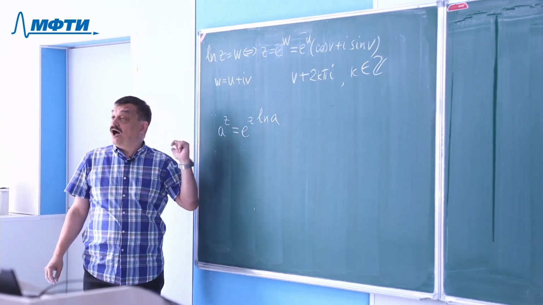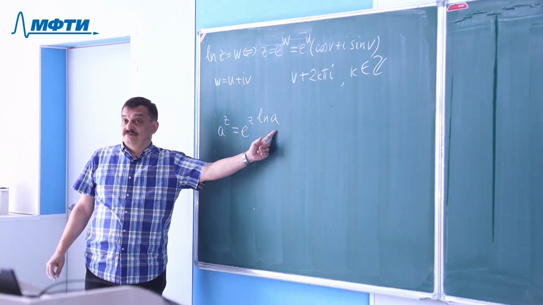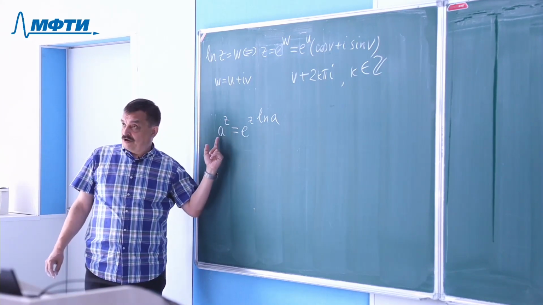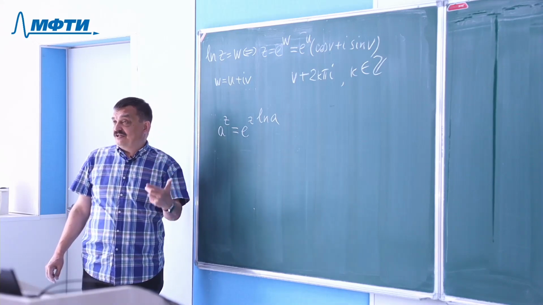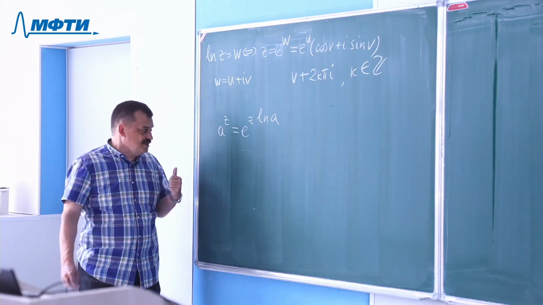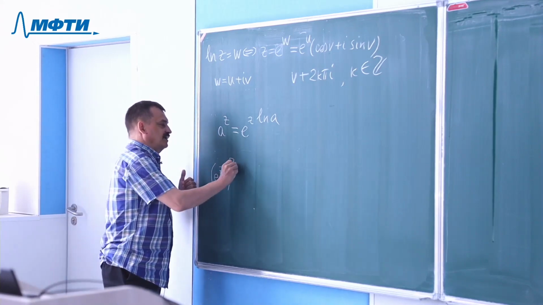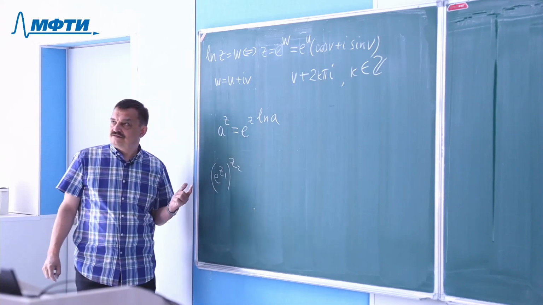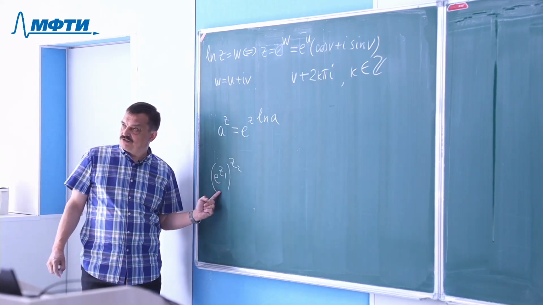But now, logarithm has infinitely many values, right? And it means a to the power z also has infinitely many values. When you write an expression like that, here you have some complex number, right?